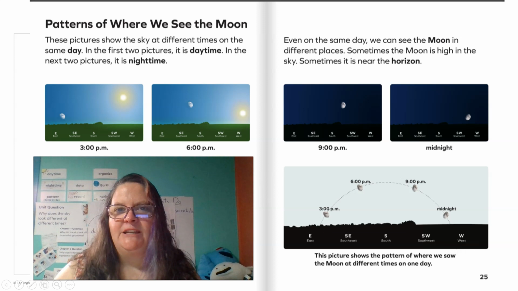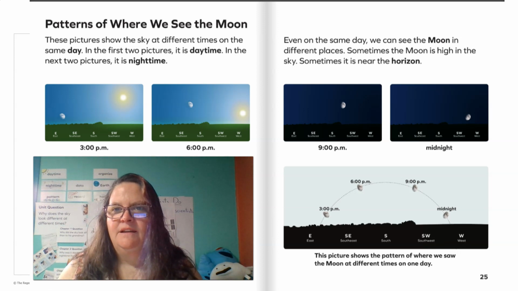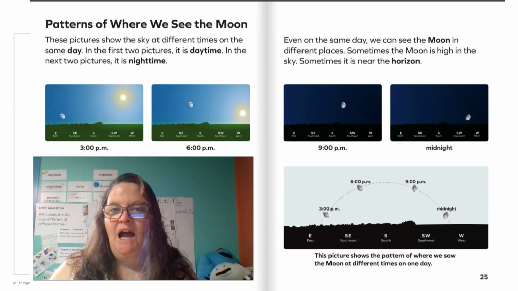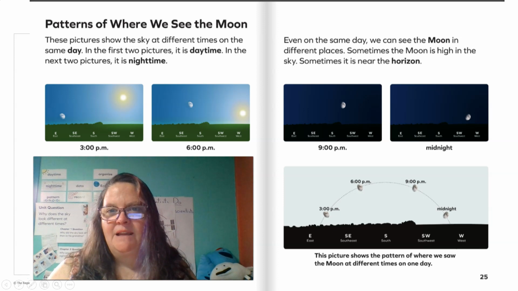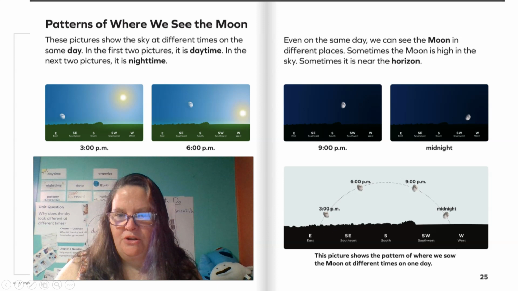All right, let's read this page. Even on the same day, we can see the moon in different places. Sometimes the moon is high in the sky, sometimes it's near the horizon. This picture shows the pattern where we saw the moon at different times in one day.